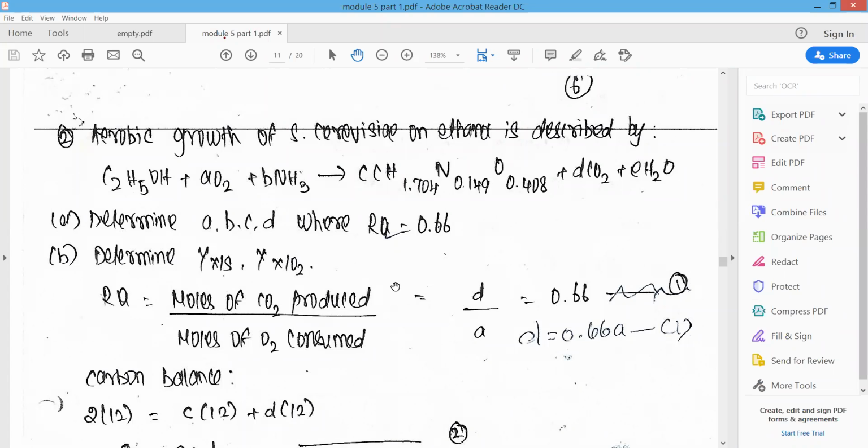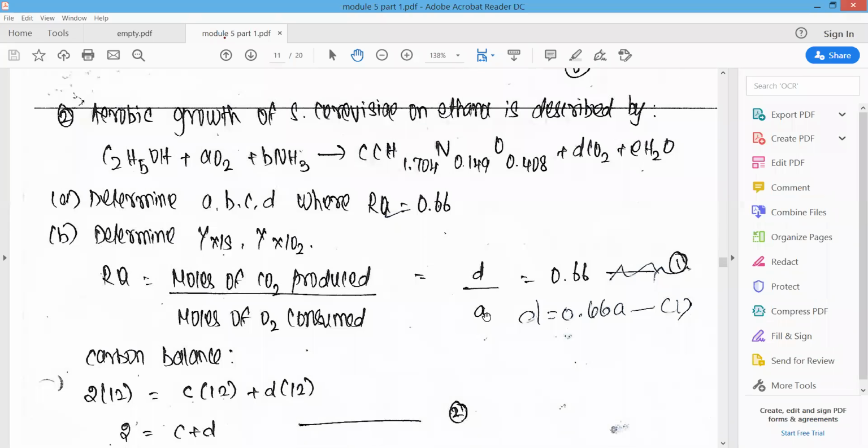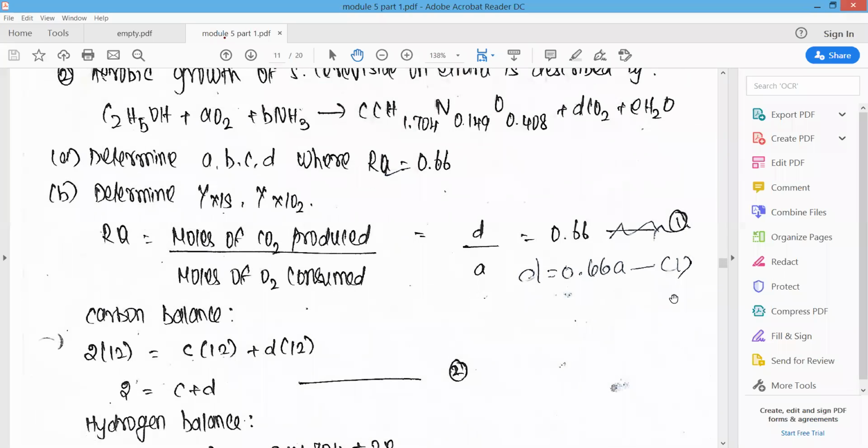Same as the previous problem, they have asked us to find the stoichiometric coefficients. But here, instead of 2 by 3rd of the substrate carbon being converted to biomass, the respiratory quotient is given. Moles of CO2 produced here is D, moles of oxygen consumed is A, so D by A is equal to 0.66. So this is the first equation.